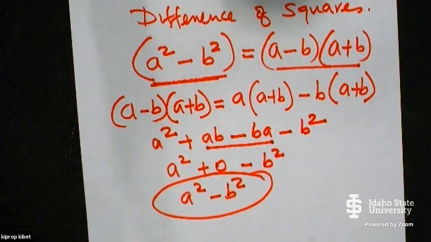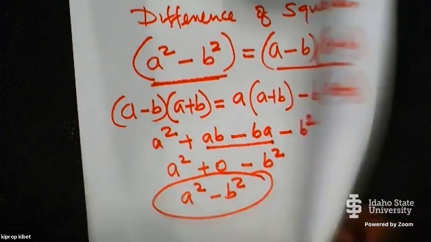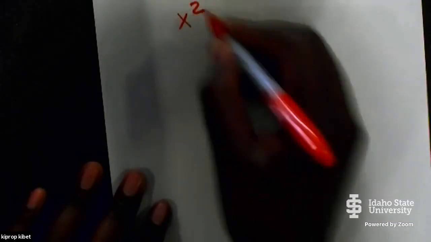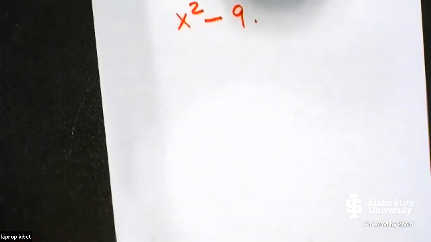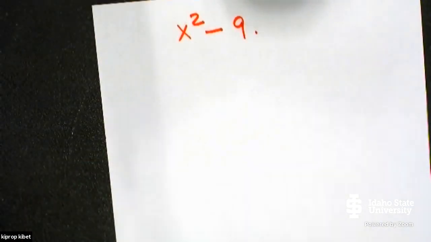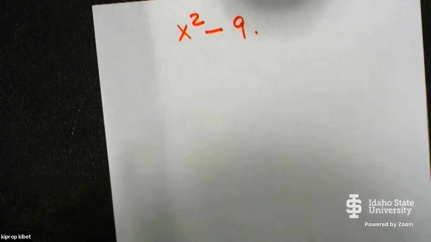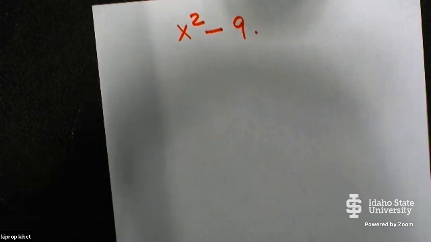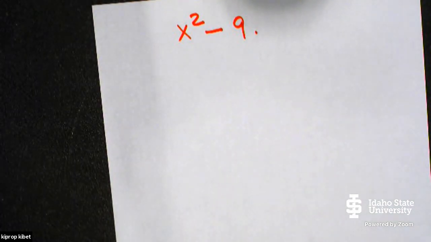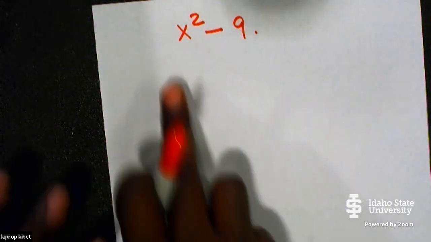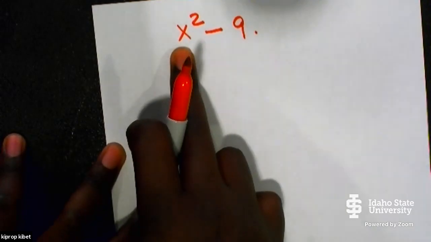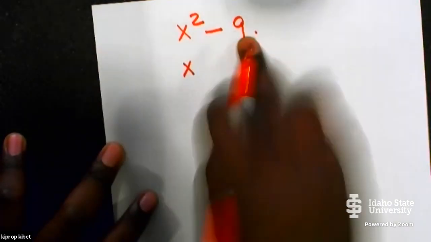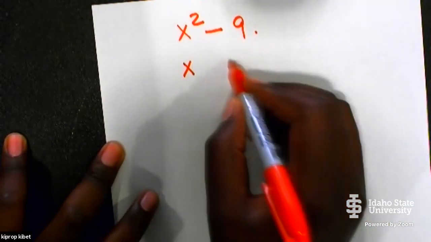If you're given an example, x squared minus 9, x squared minus 9 is a difference of squares because the square root of x squared is x, and the square root of 9 is 3.